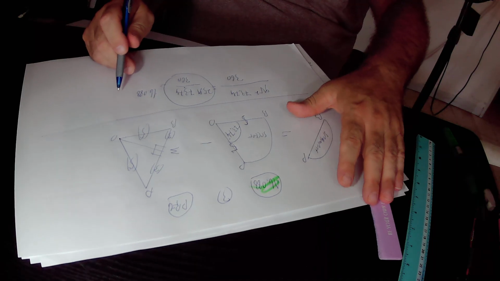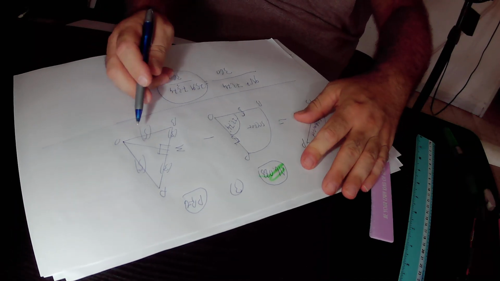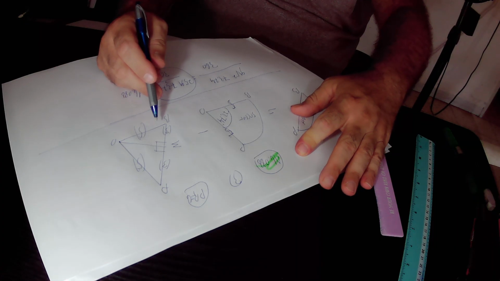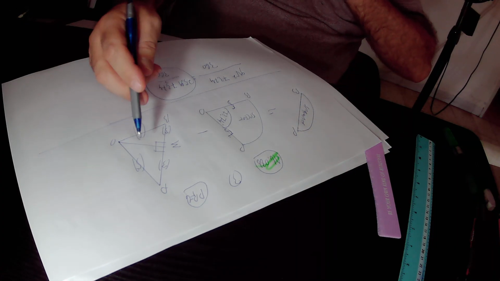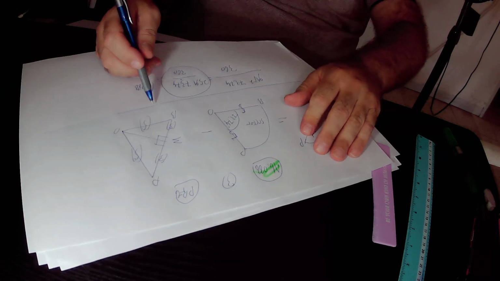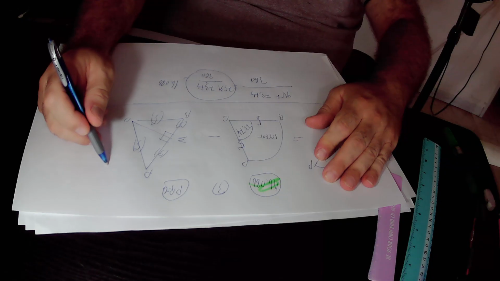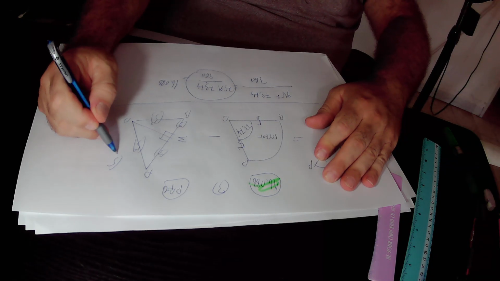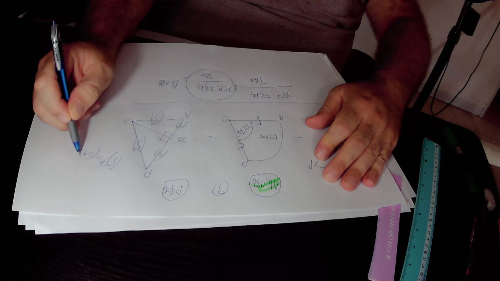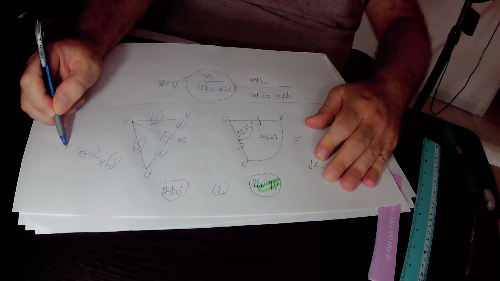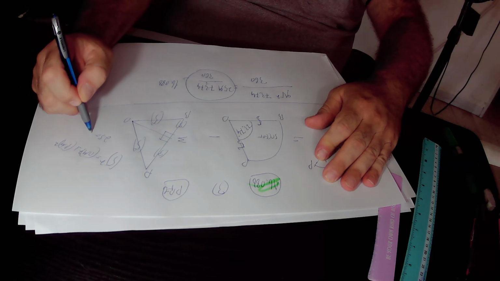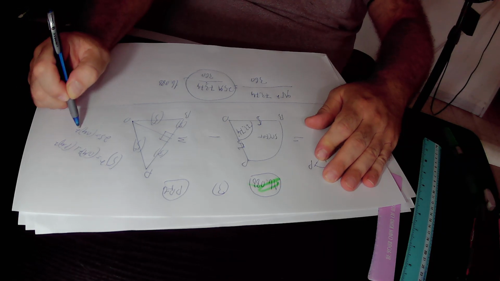Now we have to find the value of OM. In order to find the value of OM, we just have to implement the Pythagoras theorem on the right triangle POM. According to the Pythagoras theorem, in the right triangle POM, 5 squared, the square of the hypotenuse, equals OM squared plus PM squared. 5 squared is 25, and it equals OM squared plus PM squared.